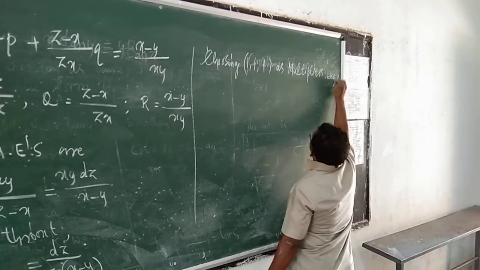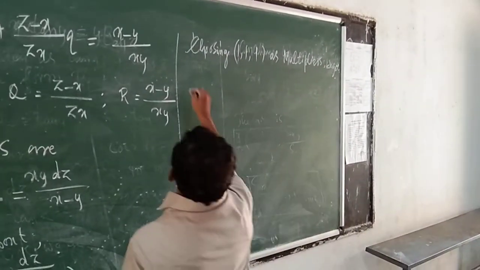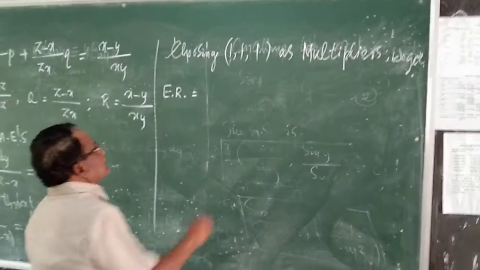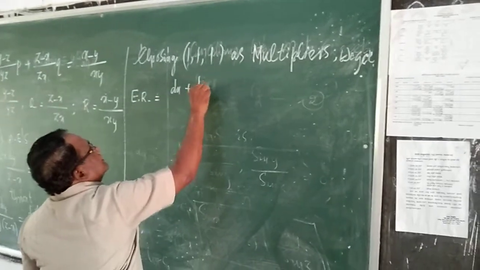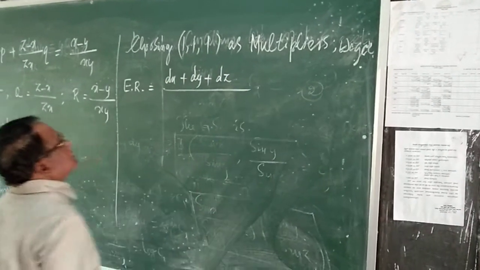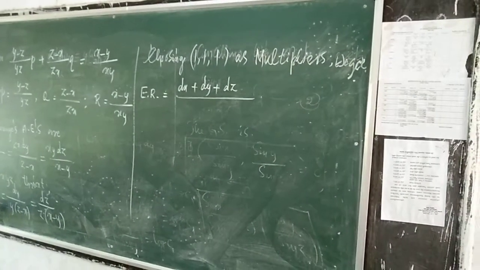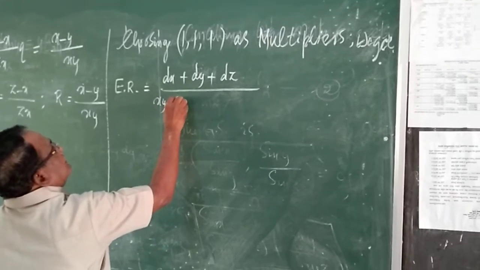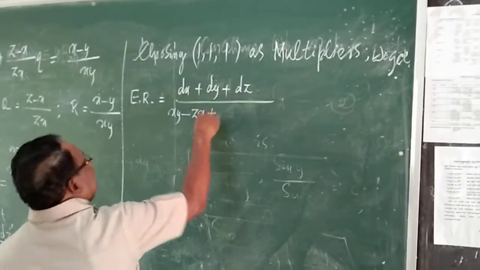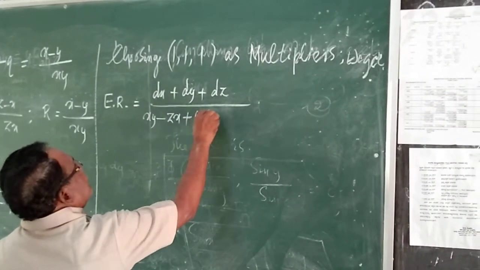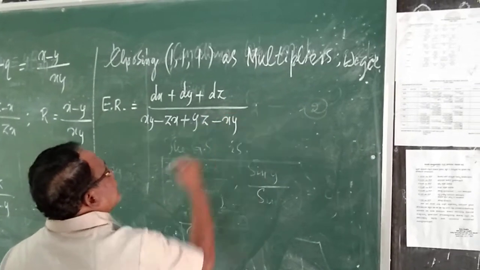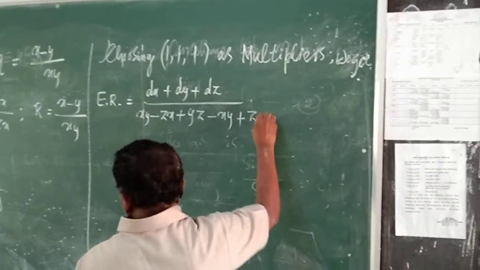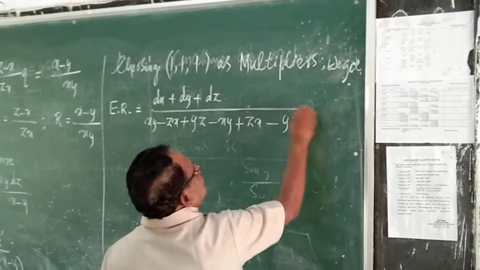we get, each ratio is equal to 1 into dx plus 1 into dy plus 1 into dz, divided by x into (y minus z), which is xy minus xz, plus y into (z minus x), which is yz minus yx, plus z into (x minus y), which is zx minus zy.